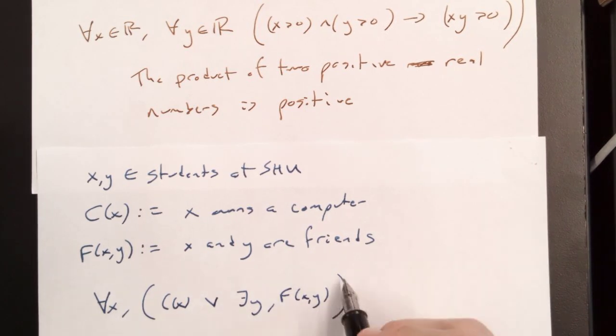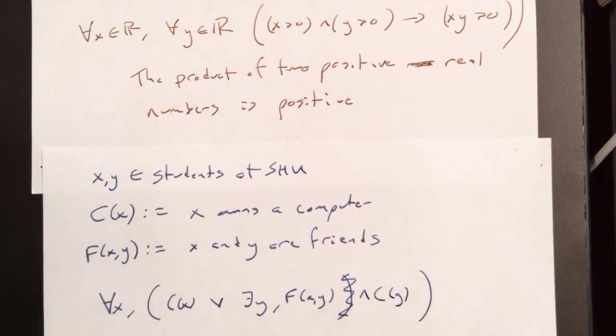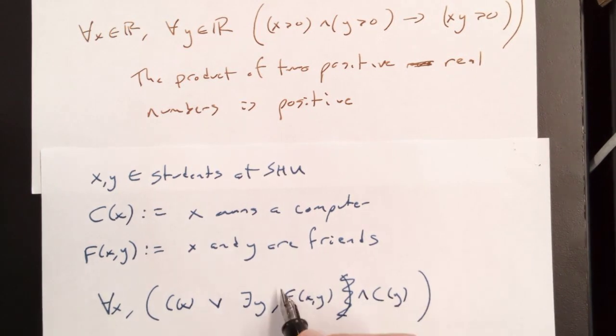Oop, forgot something. For all x, C of x, or there exists y, F of x, y, and C of y.